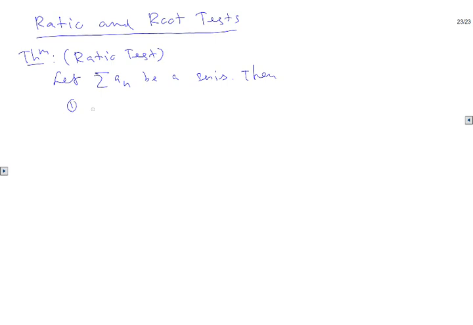The first one: if the limit as n goes to infinity of the ratio a_(n+1) over a_n, we divide two consecutive terms and take the absolute value of that, we're going to call that rho.